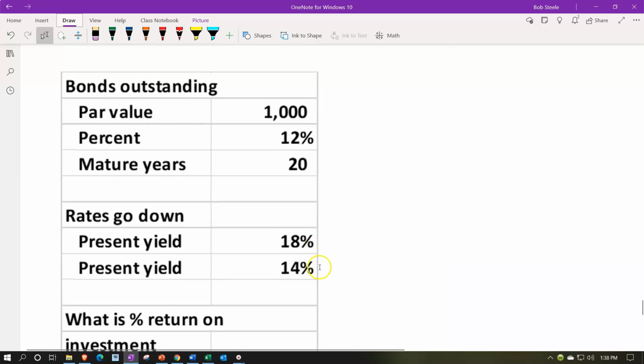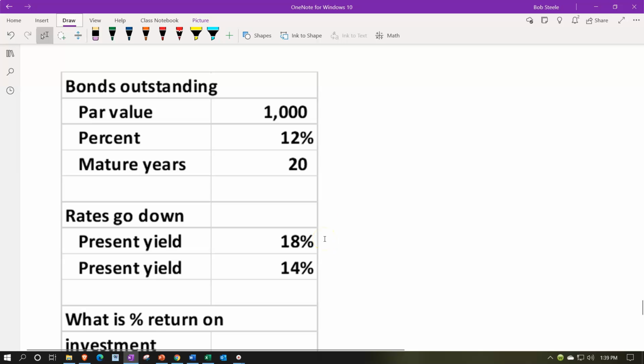Then if the market rate goes down to 14%, it's still a situation where that's higher than the bond rate, but you would think we'd get less of a discount because they're closer in nature, right? We'd still be saying, hey, look, I could still get a bond that pays me 14%, so I'm not going to pay you 1,000, but 14% is closer than the 18%.